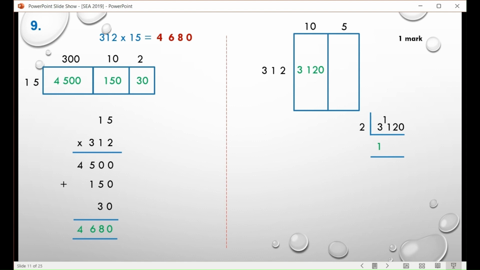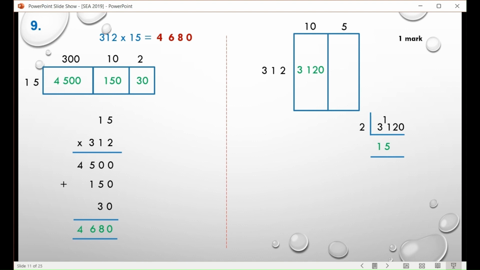And your teacher would have explained this many times using base 10 blocks and showing regrouping. So we now have 11 hundreds and we're forming groups of 2. So how many 2s can we get in 11? And that will be 5. So we have 5 hundreds and we will have a remainder of 100. What do we do with that remainder? That 100 will now join with the 2 tens.